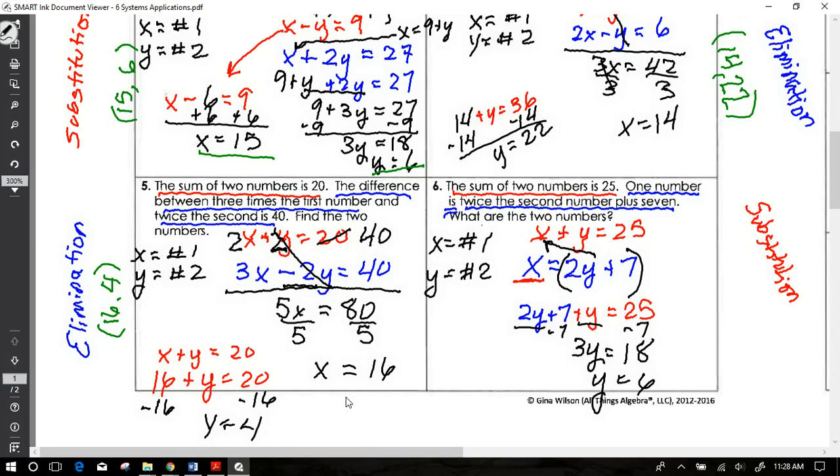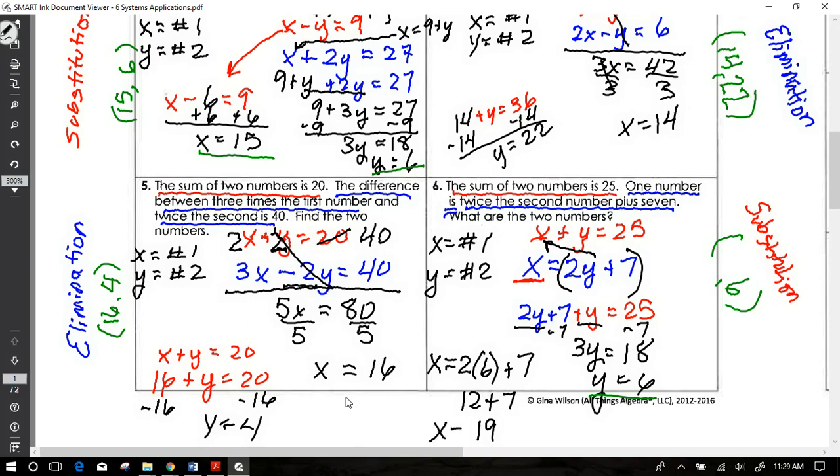Great, so I've got my y variable this time. Okay, now I'm ready to plug in that y equals 6 into one of the original equations. So let's use the blue equation that said x equals 2 times y plus 7, because now I know that the y is 6. So 2 times 6 is 12. 12 plus 7 is 19.